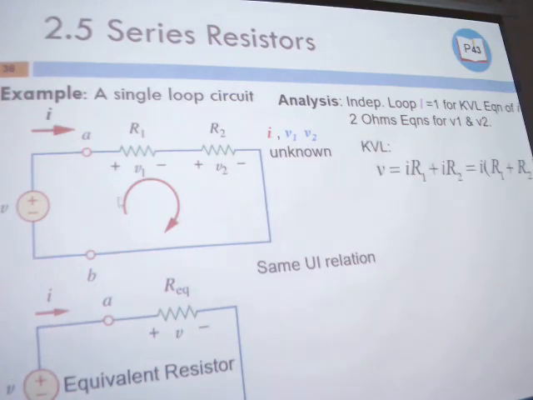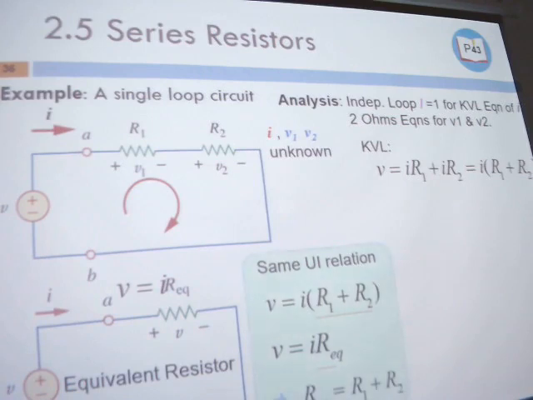For KVL, we have our V equal to I times R1 plus I times R2, and we get this one. Because this one should have the same relationship, our V should be in this form. Our V should be equal to I times R equivalent. So our R equivalent should have the same V value as R1 plus R2.